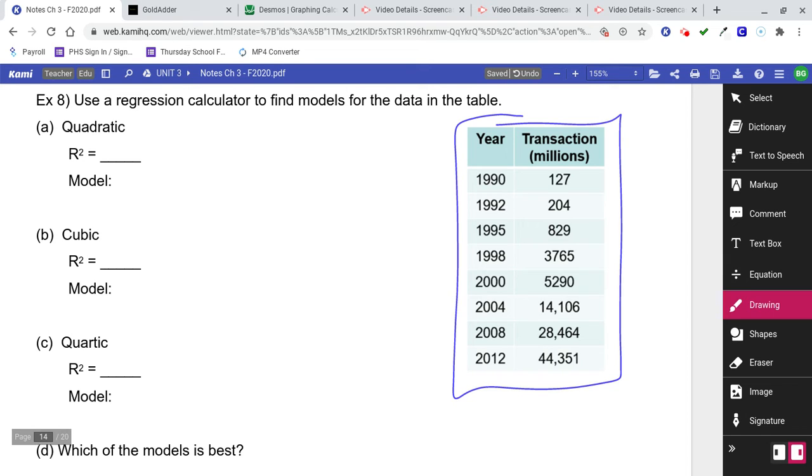Sometimes it's a line, or a quadratic, or a cubic, and at this point we don't really know. They're taking me through figuring out if it's a quadratic or a cubic or a quartic. That means x to the 4th. Is it quadratic? Is it cubic? Is it quartic? What do these data represent?